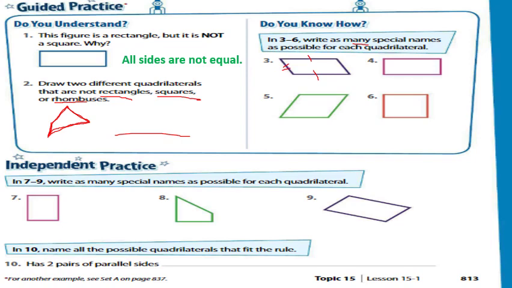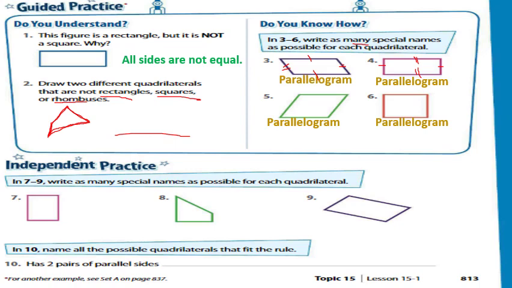Excellent. Two pairs of parallel sides. In all the shapes we can see two pairs of parallel sides. So all of these are very good parallelograms. Now we have to write the special names, meaning another name.